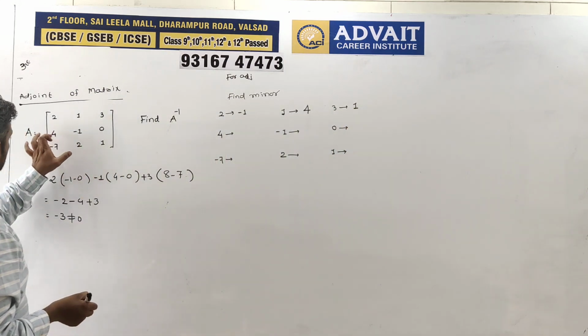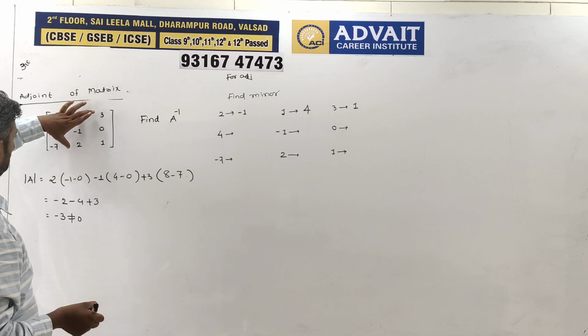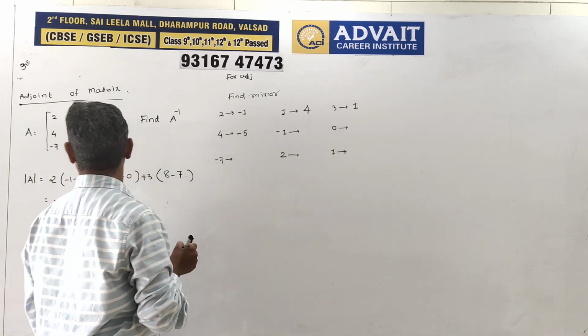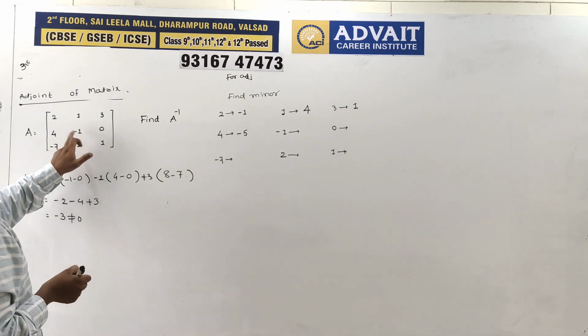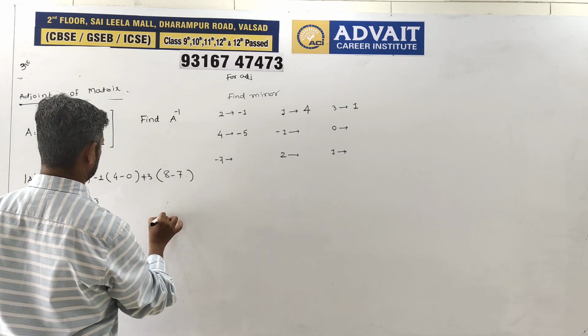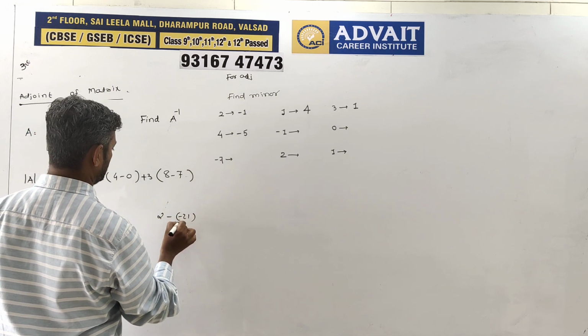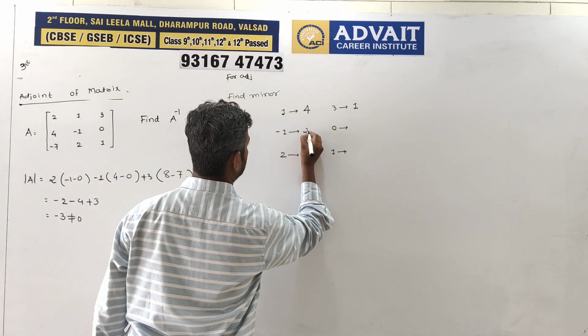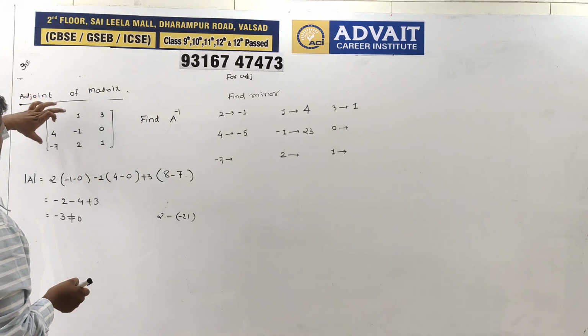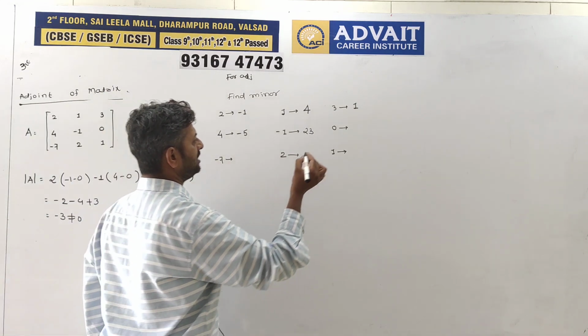Now, for these, 4, 1 minus 6, minus 5. For this, minus 1, 2 minus 21 means it is 23. For this, 0, 4 plus 7 means 11.